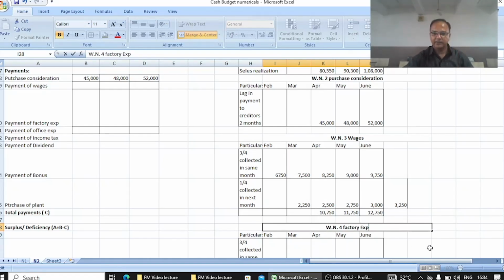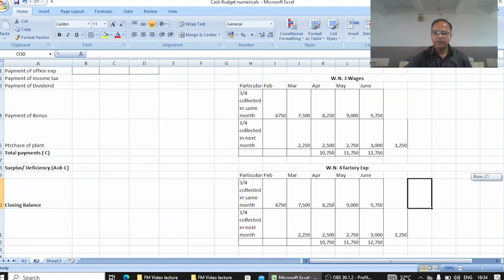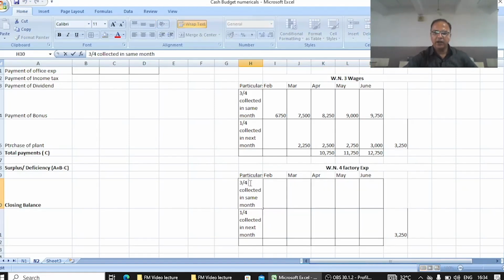One by 2 paid in the same month and 1 by 2 paid in next month.